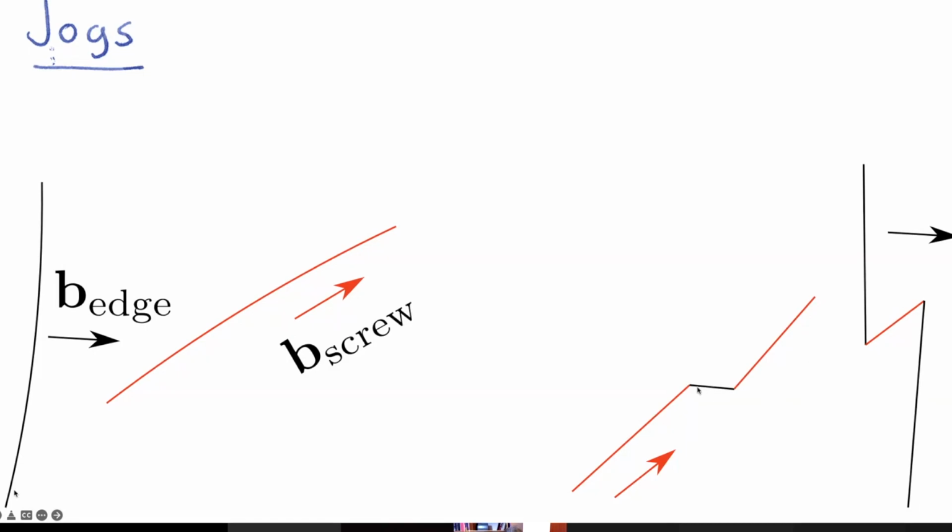And they will introduce what's known as a jog, okay? This is a jog, a step in the original dislocation line. So this is a screw dislocation, but now it has an edge component, so it cannot glide, right? Because the line vector here is not the same as here. And similarly, we've created a jog here. The Burgers vector is the same along this, but the line vector is not.